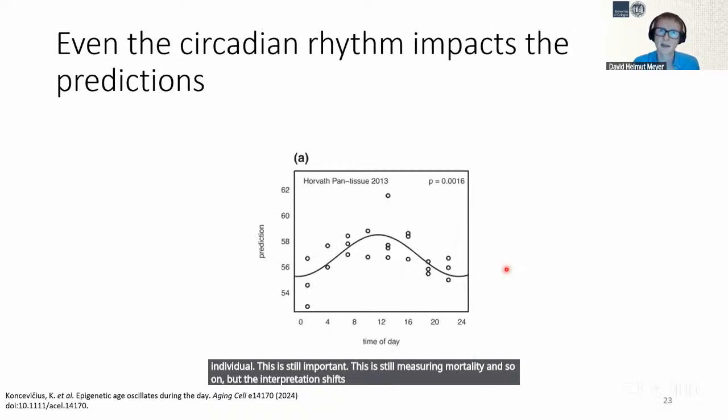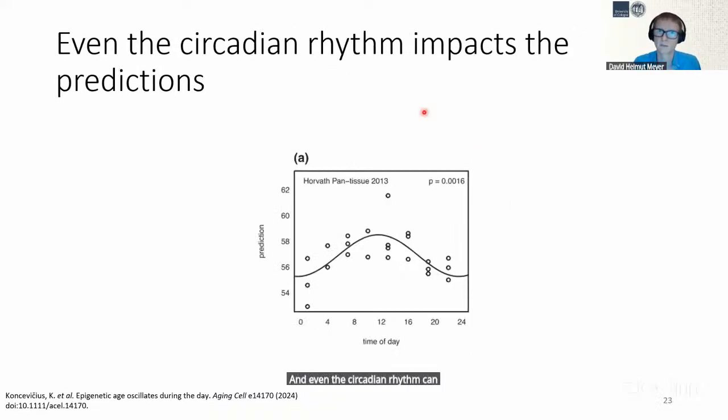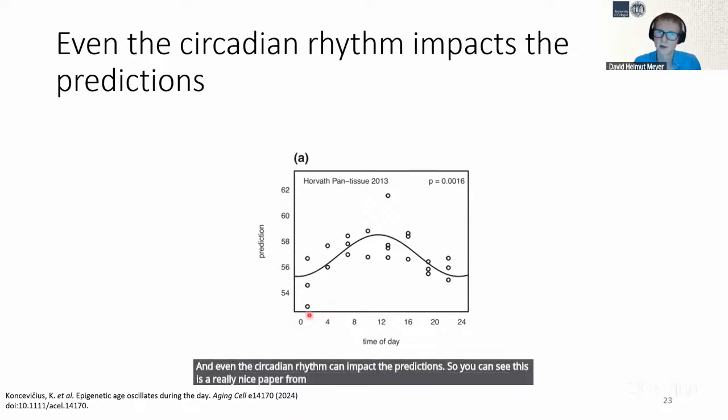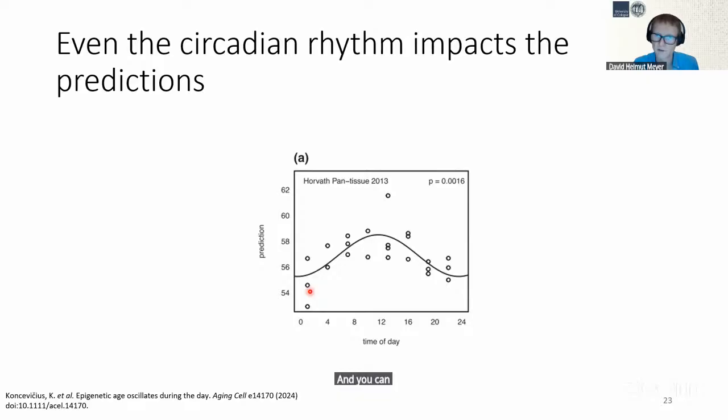And even the circadian rhythm can impact the predictions. So you can see it. This is a really nice paper from 2 years ago. The same individual sampled multiple times during the day, and you can see the age of this individual really nicely fluctuating. So it starts at maybe 54 or 53 years.